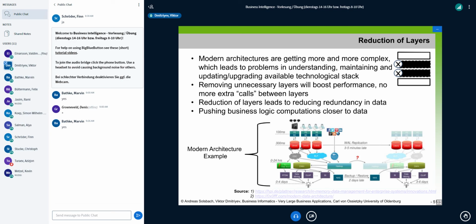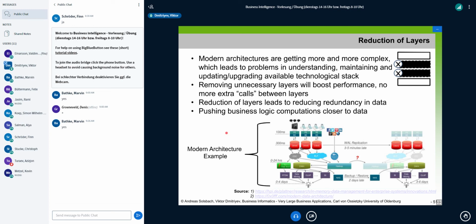For instance, you're getting rid of the layer that deals with ETL, or the layer that deals with aggregates. To give you again a sense of how much you could potentially save on time.